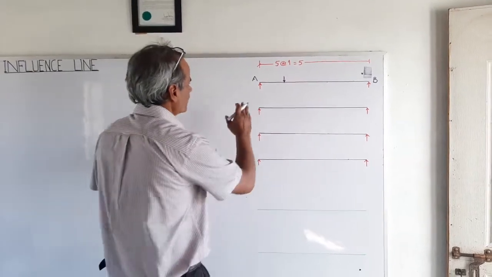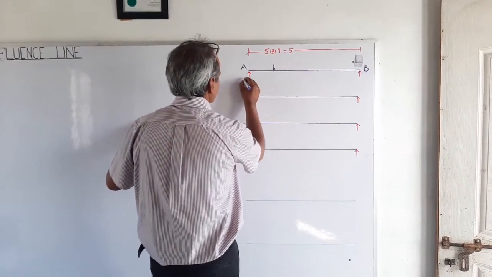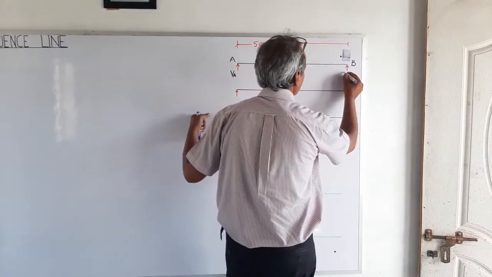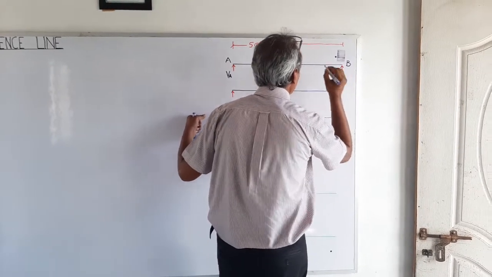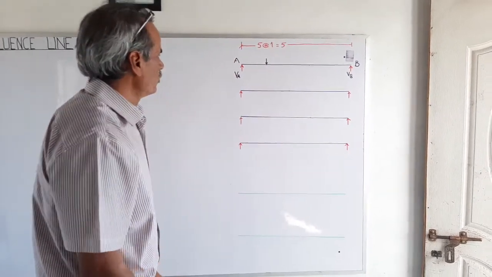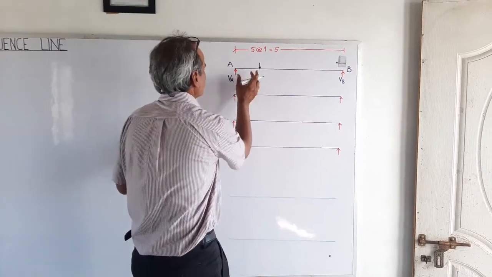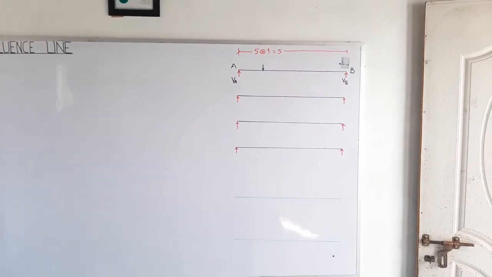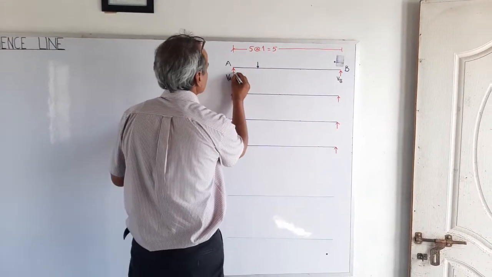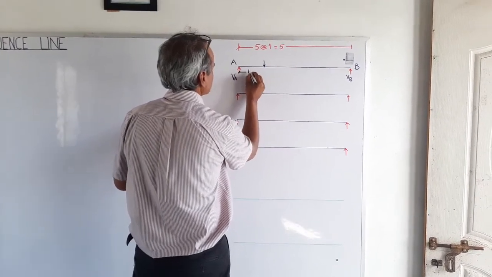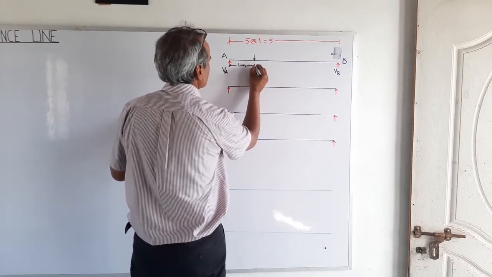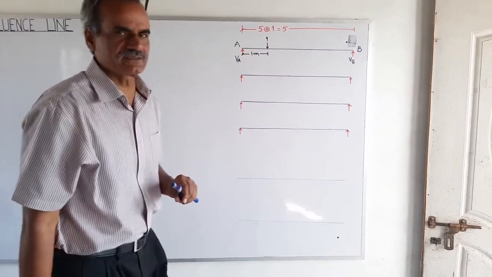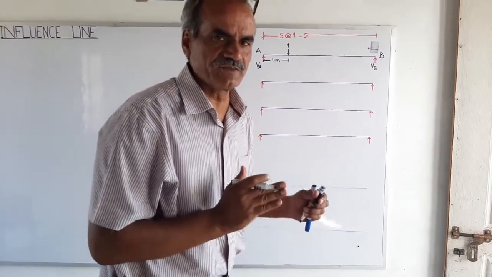Say the reaction over here is the vertical reaction at A, and over here it is the vertical reaction at B. Now when the load is 1 meter from position A, and it is a unit load, then we can find the reactions for this position of the load.